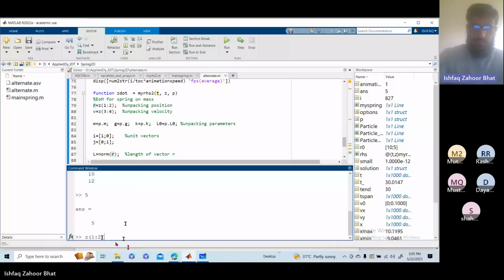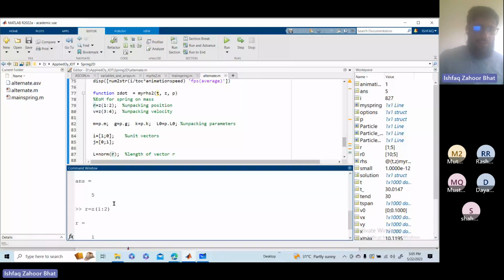Oh, I have not stored it anywhere. Let me store it. I will call it R equal to. Okay. So you can see when I type R equal to Z of 1:2, it returns me the first 2 elements. And I know the first 2 elements are nothing but the position. And the first element of that represents the X component and the second represents the Y component. This is what I am using here.